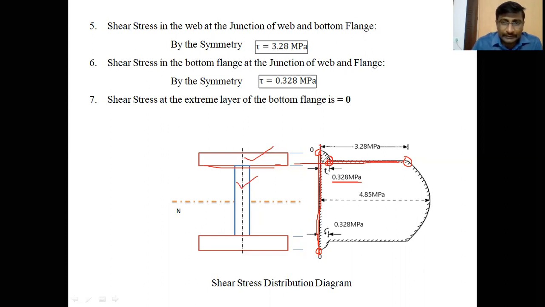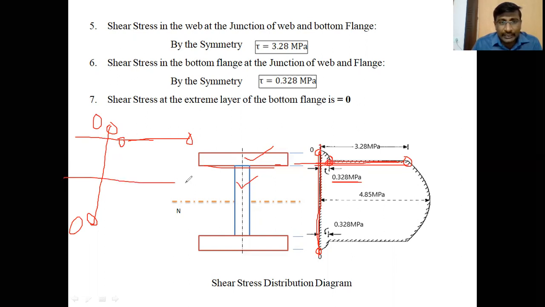This is the distance 0.328; locate it, and at a distance of 3.28 somewhere else, locate 3.28 megapascals on the same horizontal line. Okay, first of all draw the vertical line, and here the shear stress value 0 is located on the horizontal line, and locate 0.328, and on the same horizontal line locate 3.28 megapascals.